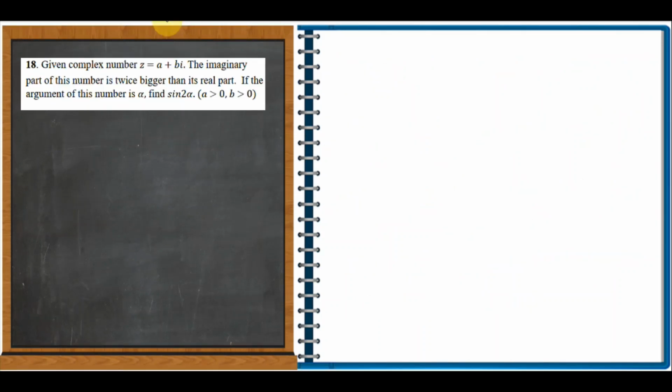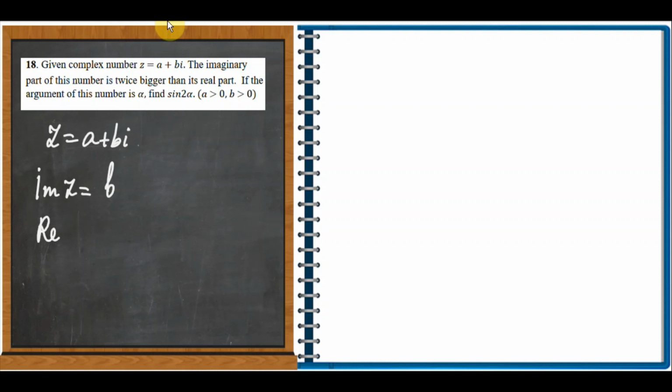Question number 18. In this question, we are given a complex number z. Let me write z equals a plus bi. What's the imaginary part of z? That's the coefficient of i, so that's simply b. The imaginary part of this number is twice bigger than its real part.